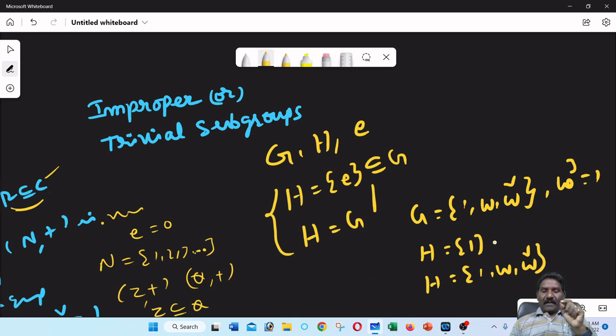Clearly, H = {1} and H = G are two subgroups of the group G. Here, denote them by H1 and H2. These subgroups are known as improper subgroups. The cube roots of unity contain only two subgroups. These are improper subgroups.